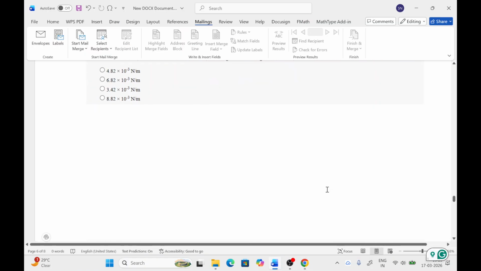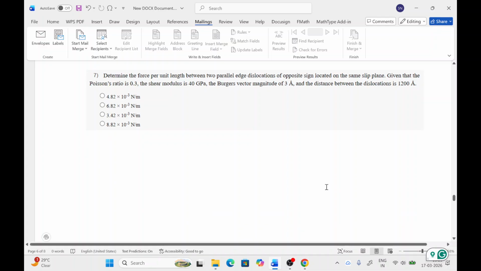Next question. Determine the force per unit length between two parallel edge dislocations of opposite sign located in the same slip plane, given Poisson's ratio 0.3, modulus 40 GPa, Burgers vector 3 angstrom, and distance 1200 angstrom.